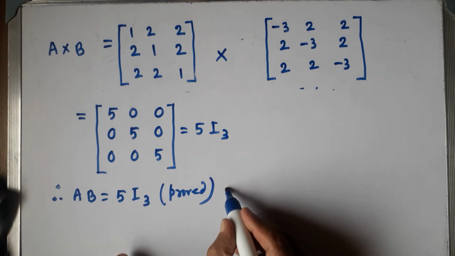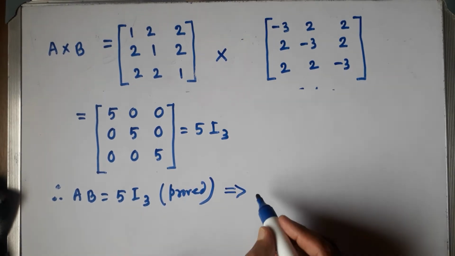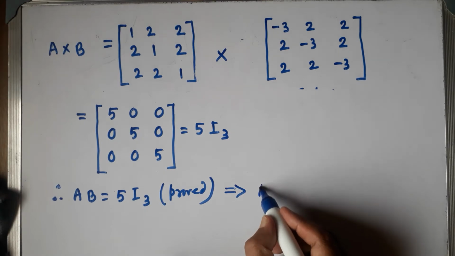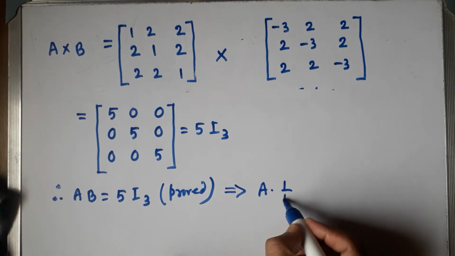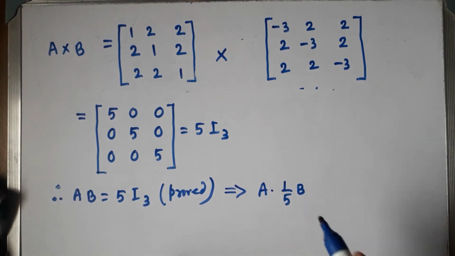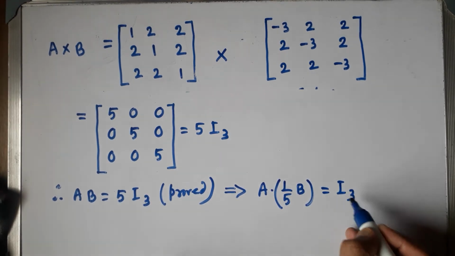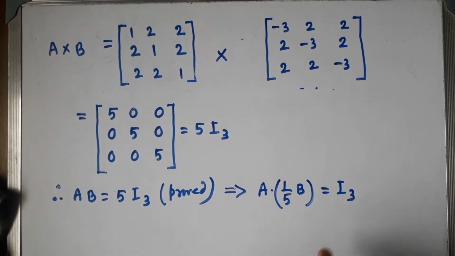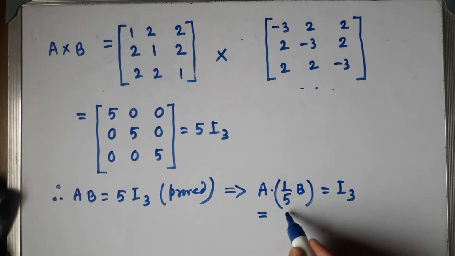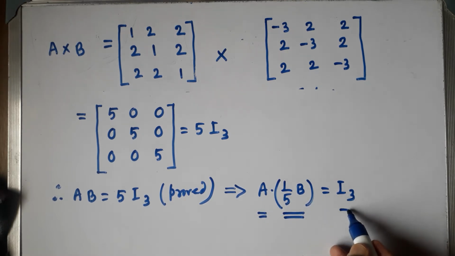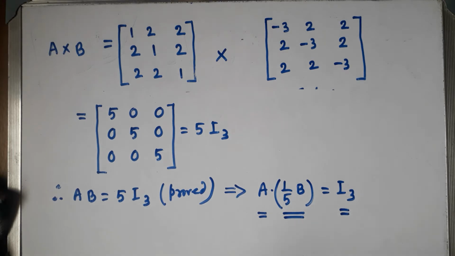So from here we get A into 1 by 5 times B is equal to I3. The A matrix and this matrix product gives you the identity matrix.